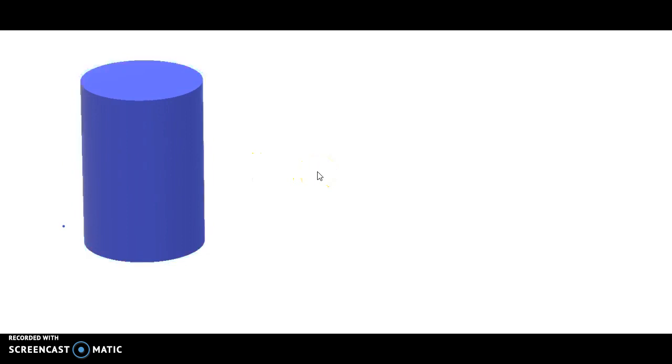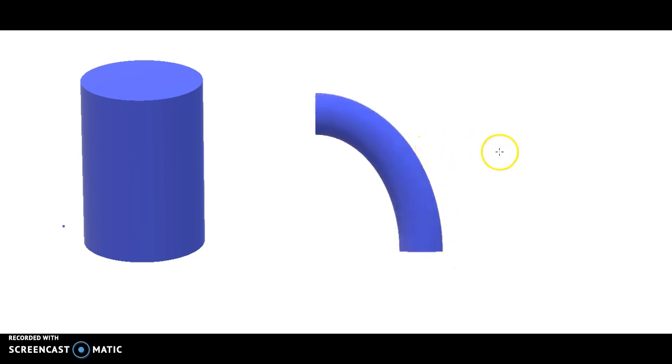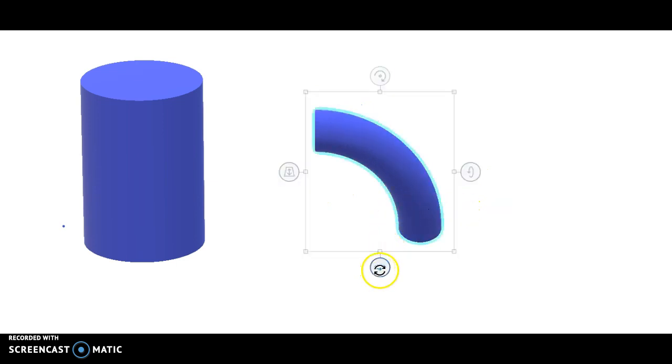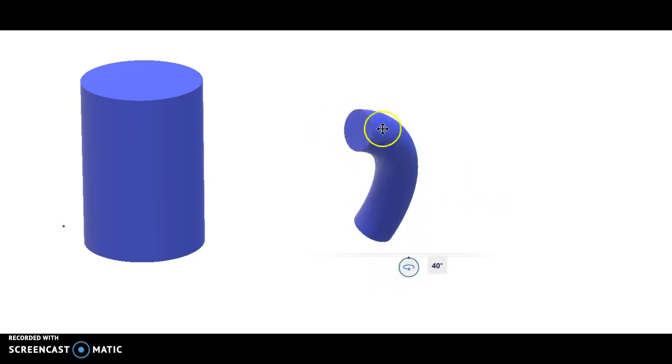So a cylinder is much more common, and you might have a cylinder that is, there we are, a little irregularly shaped, but that's still a cylinder.